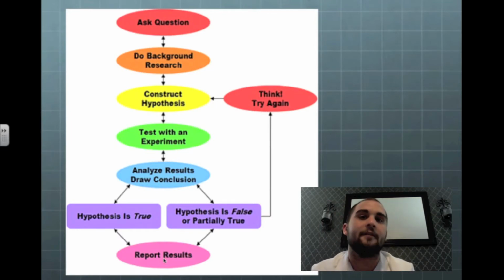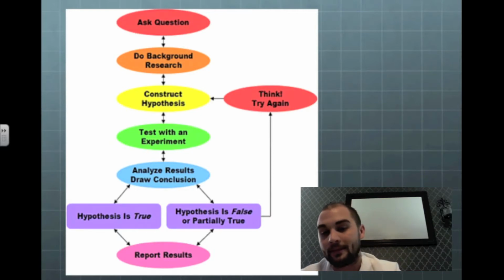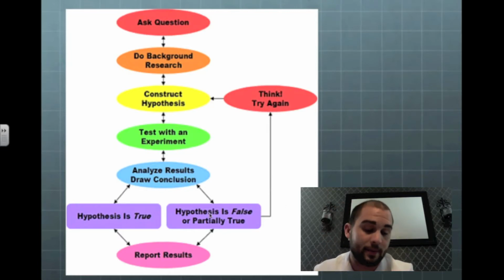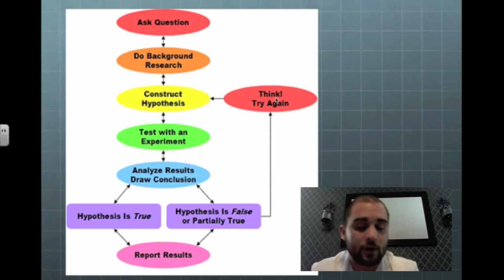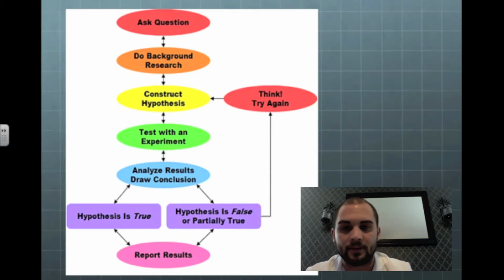Maybe put a Facebook post, hey, alfalfa's king of the deer. Or if he came out that the clover, however, or the native grass were better, then his hypothesis would have been false, and he would have had to go back and redo his hypothesis and then retest it. So that's an example of how the scientific method's used with the 6 steps.